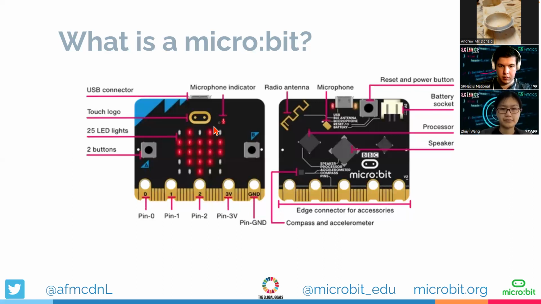First of all, on the front on the left hand side, it's got 2 physical buttons that you can press and do things with. It's got a 5x5 red LED matrix here. So you can use that to turn on, turn off, or scroll things across there, words, that sort of stuff.